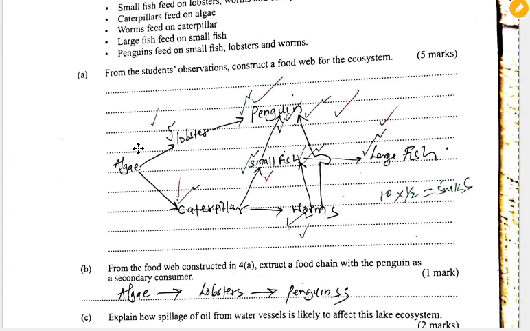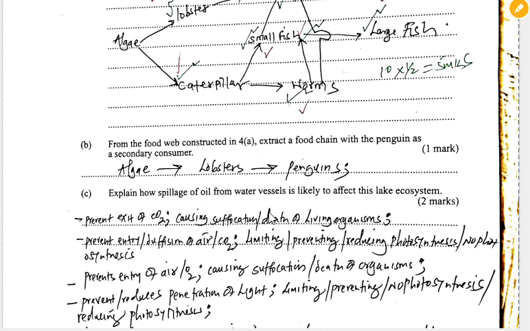That is the algae. Then the one with the lowest biomass is the large fish, because it occupies the highest trophic level, and by the time energy reaches the highest trophic level, it has been lost to the environment through heat loss, which is through respiration, defecation, urination.